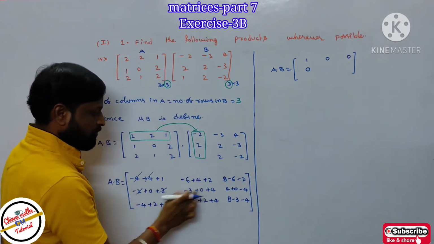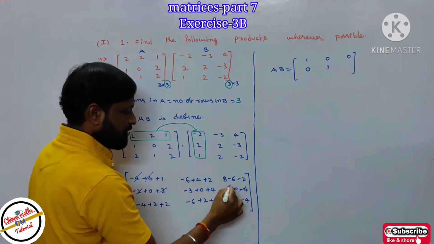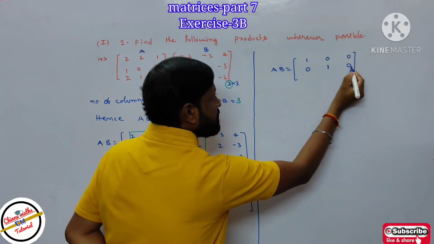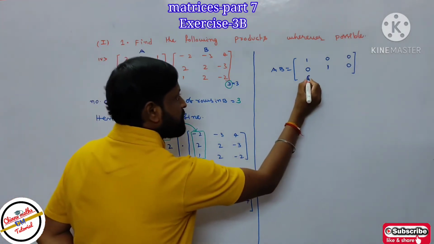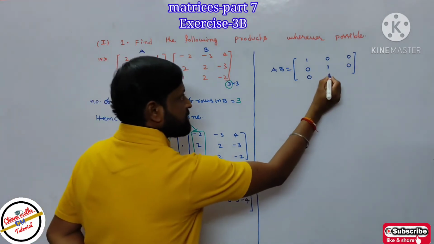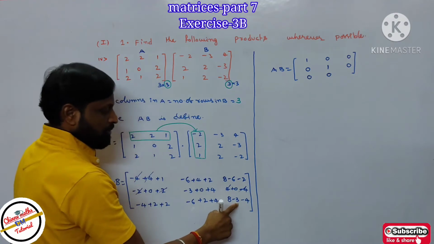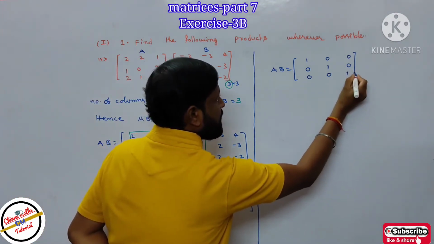Next plus 4 minus 3 plus 1, next plus 4 minus 4 both get cancelled, then 0. Next plus 4 minus 4, it will be 0. Next 2 plus 4, 6 minus 6, 0, and minus 3 minus 4 minus 7 plus 8 equal to 1.